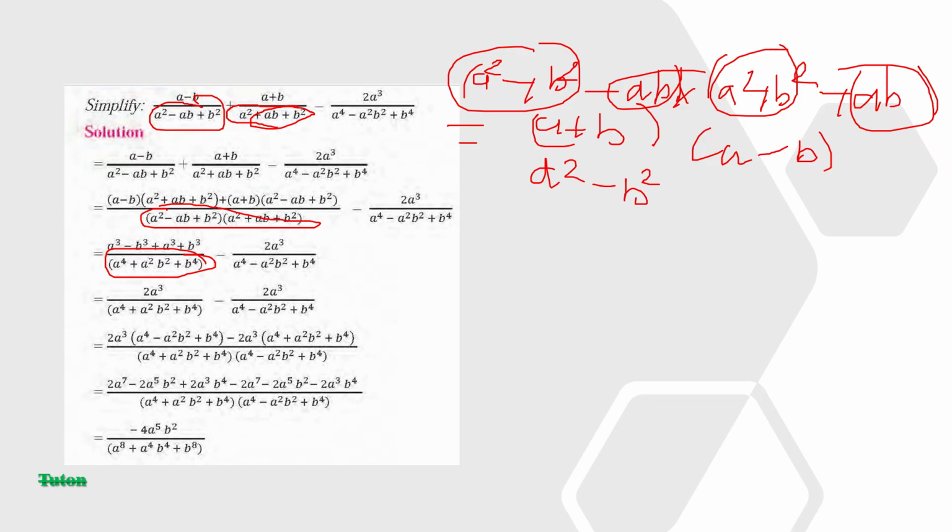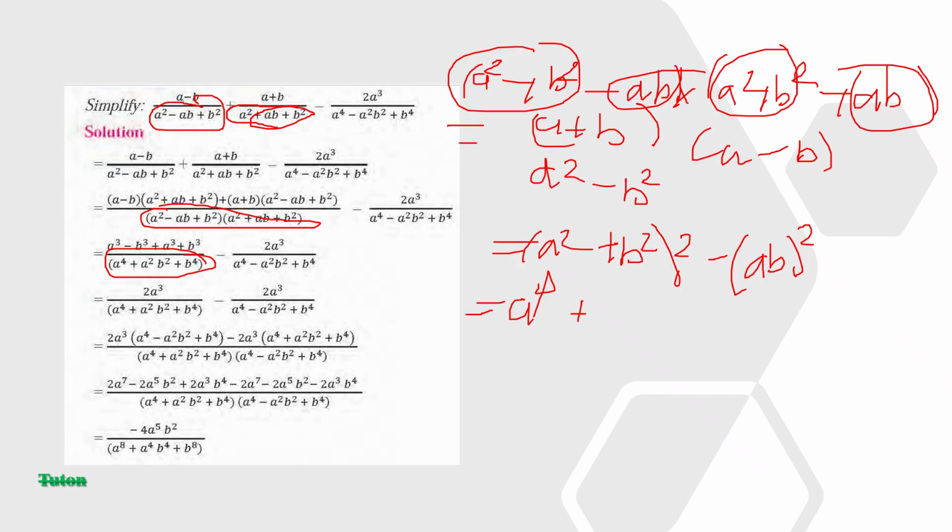Now since we have A as a square plus b square here, A square minus B square would be AB square, which is our B term in this case. Now we will open these two brackets. We have the formula for A plus B square, A square plus 2AB plus B square. We will implement this here.